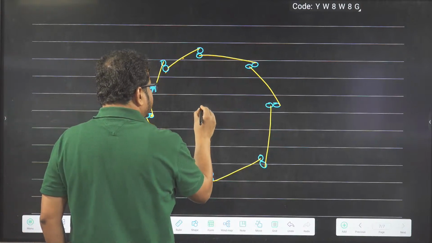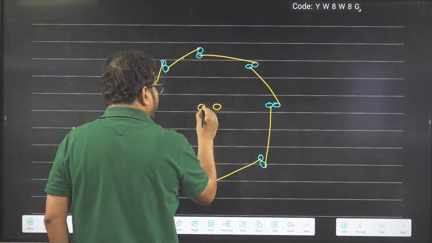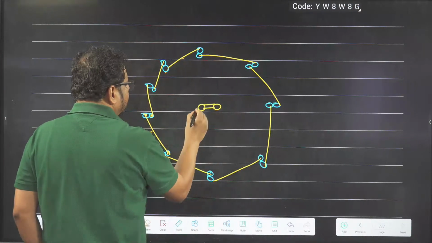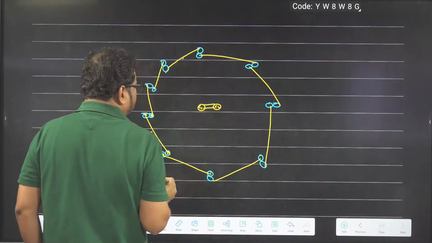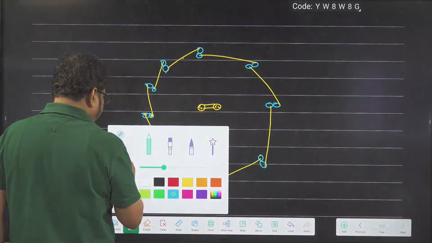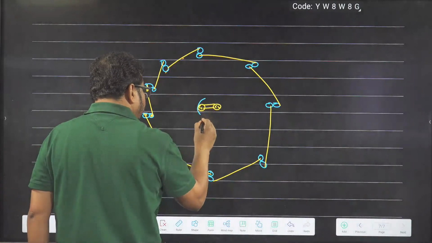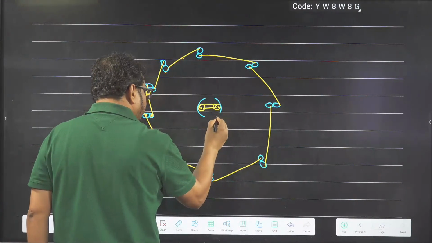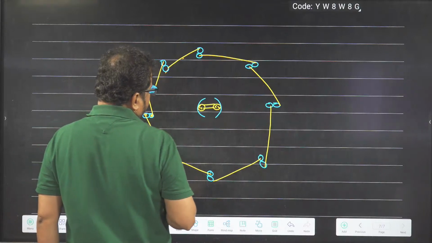And here the central singlet is there, C1, C2, joined by a cross bridge. And here you will find the central sheath, which is a protein.